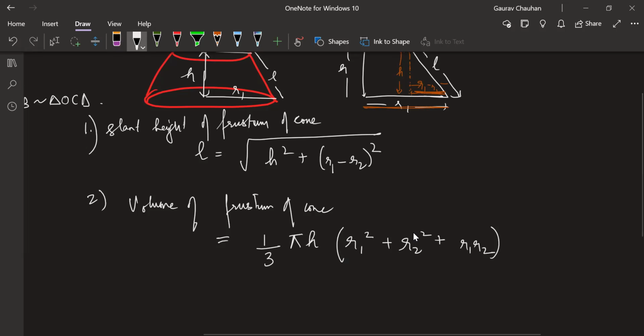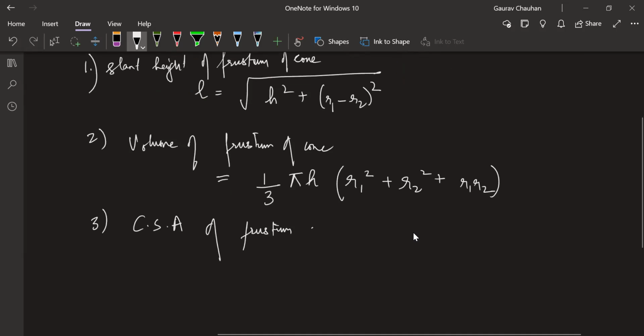Okay, that's all. Now the third thing which we'll need is curved surface area, or lateral surface area of the frustum. In a cone, what is the curved surface area? Dinesh, what is the curved surface area of a cone? Yes, pi r l.